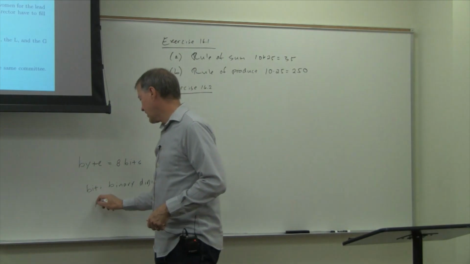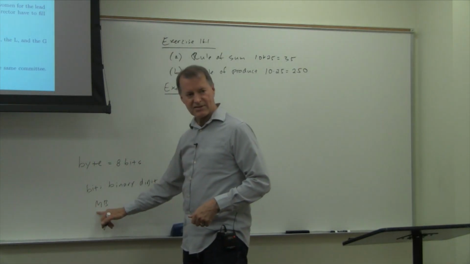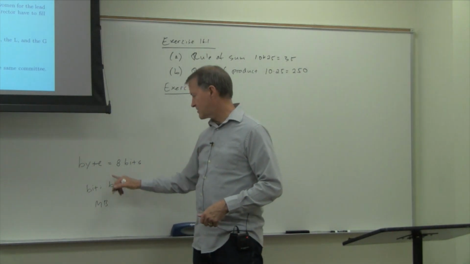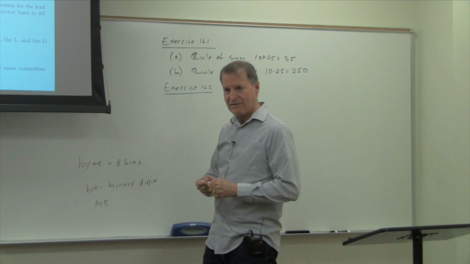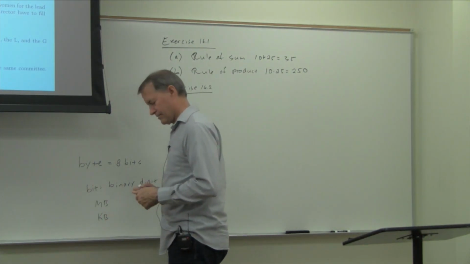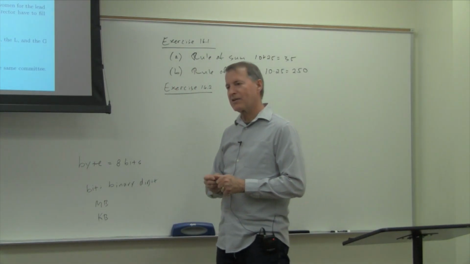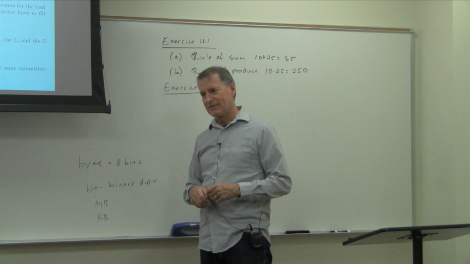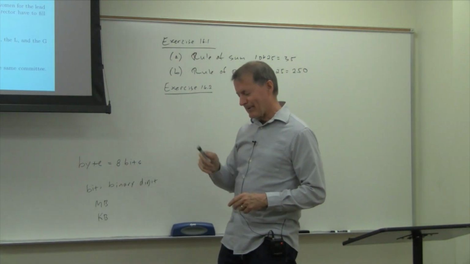If you have MB, that is megabyte, a million bytes, which is 8 million bits. A kilobyte is 1,000 bytes.